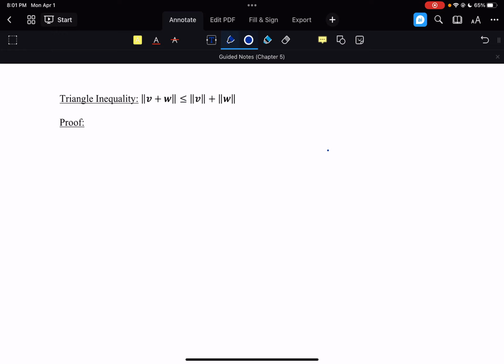So as a triangle, we get 3 sides with our side V, our side W, our side V plus W. What the triangle inequality says is the length of the hypotenuse side, the length of this longest side, is less than or equal to the sum of the other 2 sides.